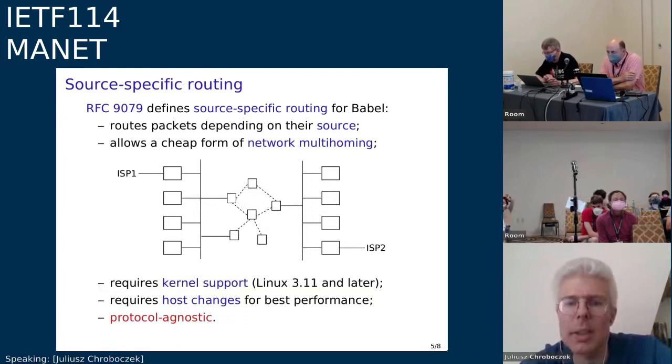Or in other words, the source node controls which edge router is reached by setting the source address of the packet. It requires kernel support, but the kernel support has been in since Linux 3.11. For best performance, it requires host changes, but it does work without host changes. And that's something that would be very easy to implement in something like OLSRv2. Next, please.